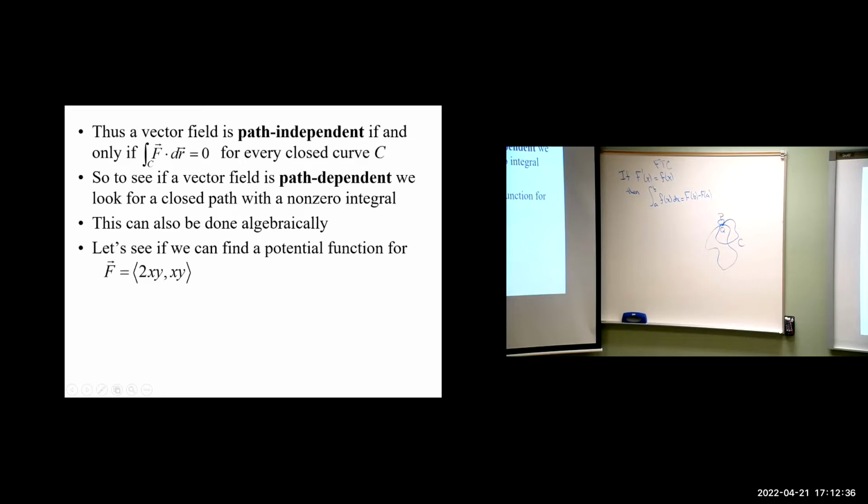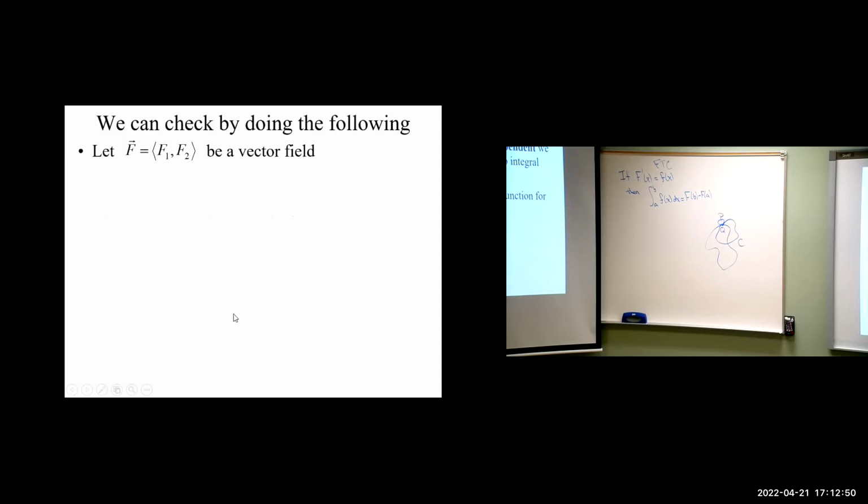For example, this very basic vector field right here. If you remember, actually, let's talk about the curl test just because I want to bring it back up to refresh it. We'll talk about the curl test in 2D, and then we'll talk about it later in 3D. So just a reminder, this is a refresher. We're going to go back and talk about the curl again.